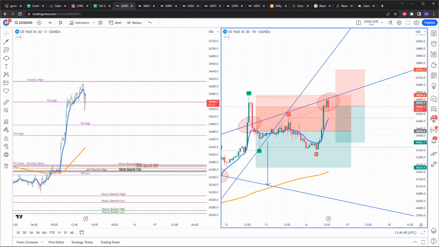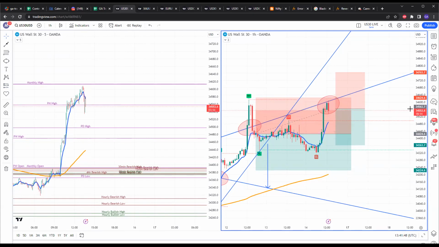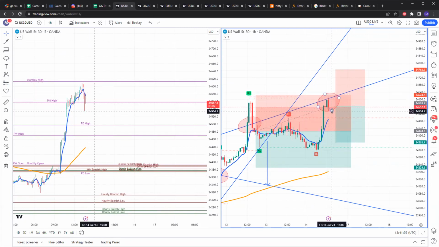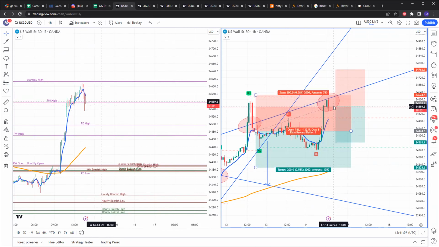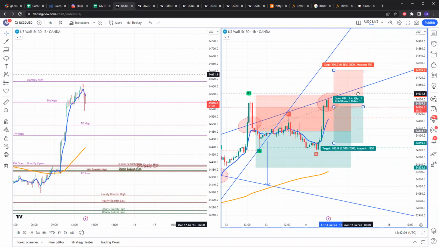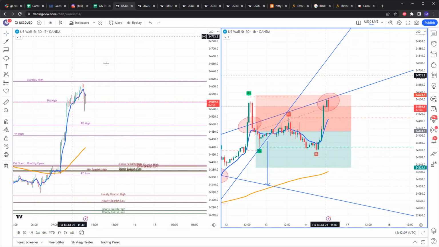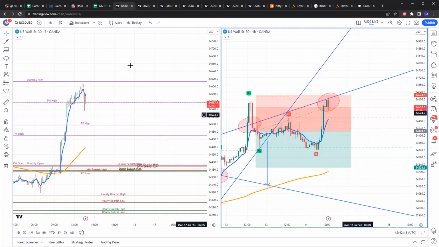Then the next hourly candle, which we are an hour and 18 minutes away before it closes, would have to either retest the trend line and close below, or open and close below this trend line. And at that point, that's an area you can enter for a sell on US 30. But right now, other than just hopping in, there's really no confluence to enter any trade for US 30.